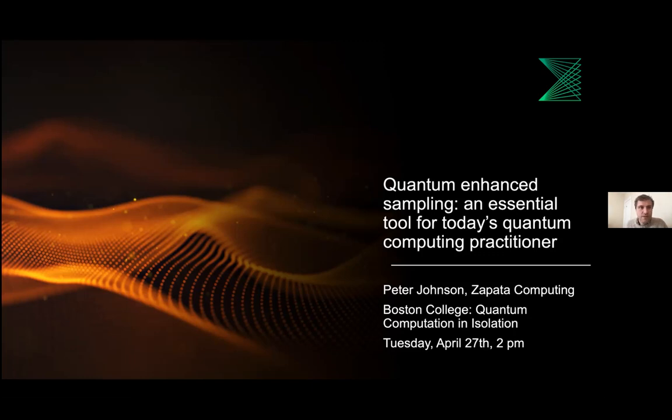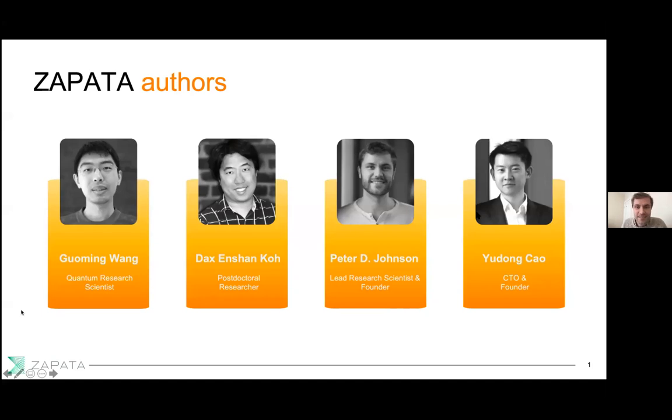Okay, so let me just start by acknowledging the researchers at Zapata who I worked with. So Guoming Wang, who's a research scientist at Zapata, Dax Koh, who was a postdoc with us, but has since moved to A*STAR in Singapore, myself, and then one of the other Zapata co-founders, Yudong Cao. So this was a very fun project, and it stemmed out of, as you'll see, a pretty dark place that we were in.